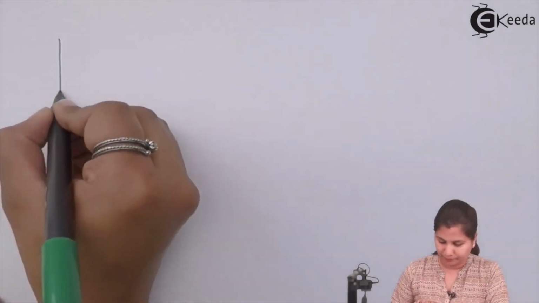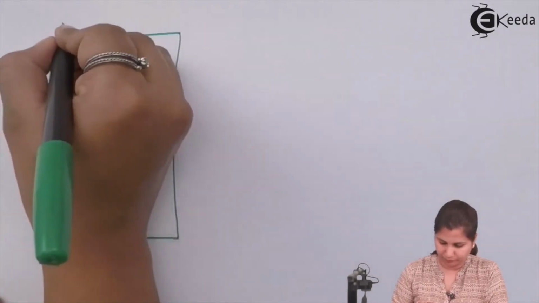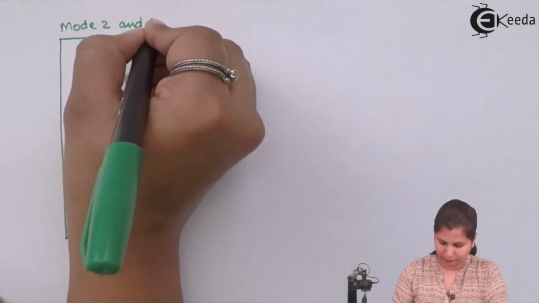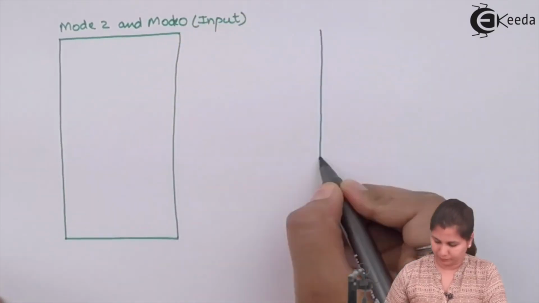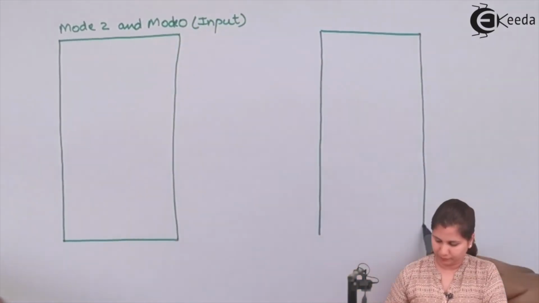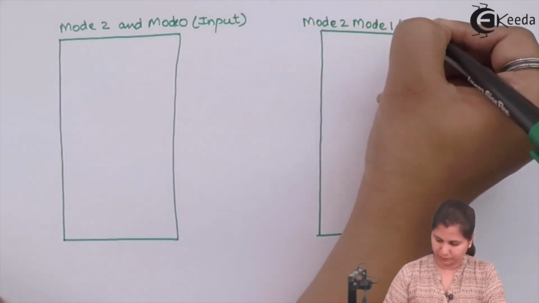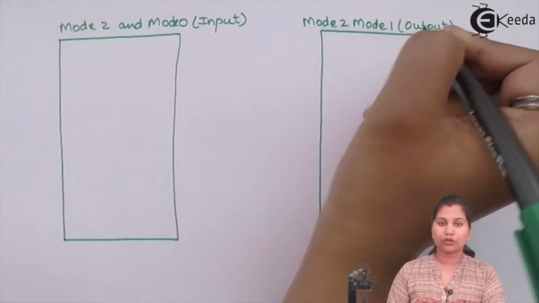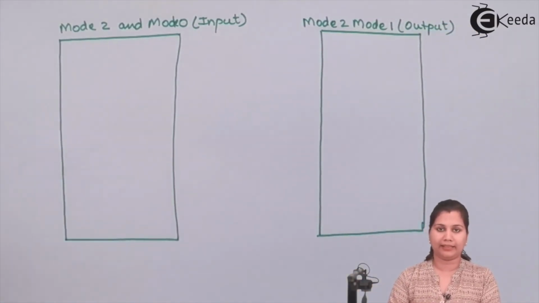We have the diagram for it. So as I've said, in mode 2, port A will act as the bidirectional port.